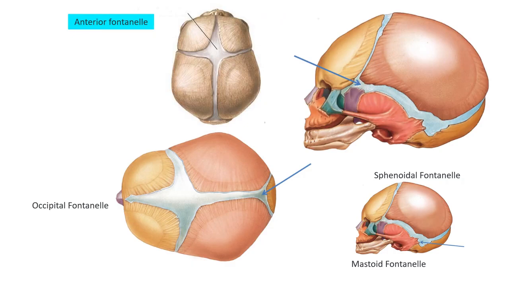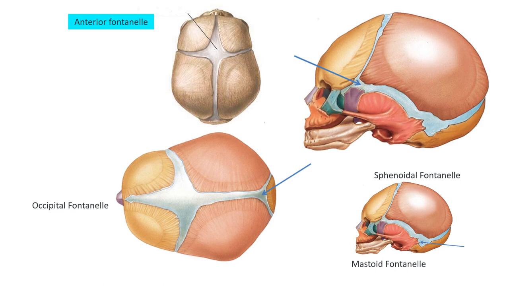What do we see here? We see different views of a skull of a very young baby, where we can see the ossified part of the bones, and we can see as well the still not ossified membrane.